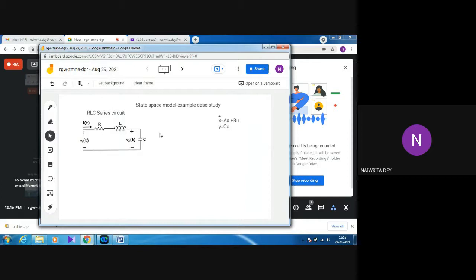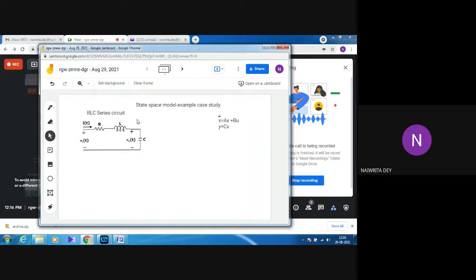Here we can see this is a simple RLC series circuit where v_i(t) is the input voltage to the circuit and v_o(t) is the output voltage of the circuit, where the capacitor has been considered as load. So the voltage across the capacitor is the output voltage from this circuit.